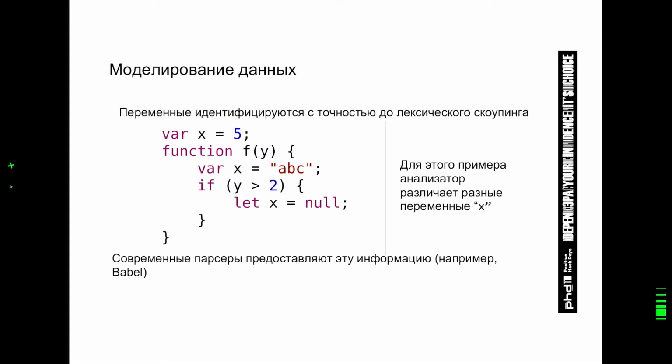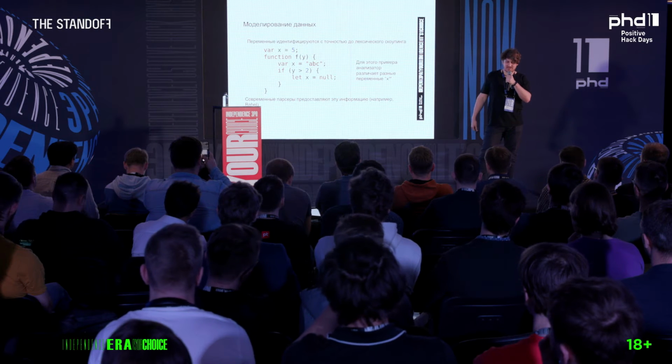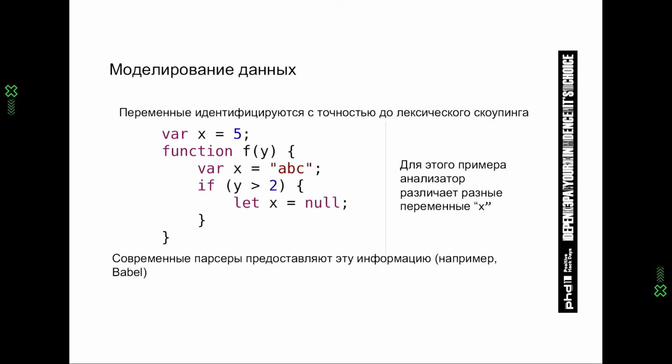And then the analyzer is incapable of understanding that a variable can take several values. If it were to remember one value, it would have to get rid of the other value. It goes all the way to lexical scoping in its identification. The analyzer would differentiate between various variables, like we have a global x, a local x in function f, and one x in a block.